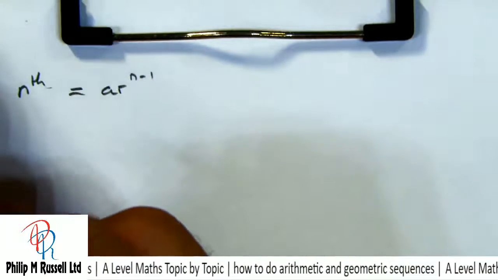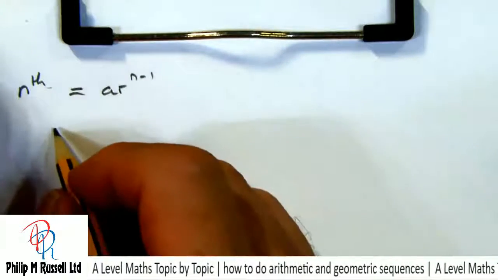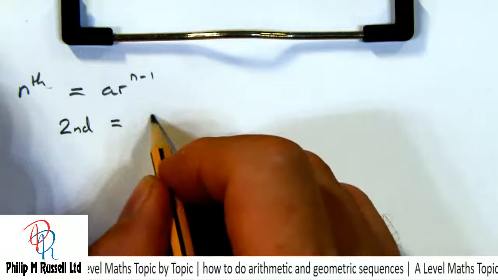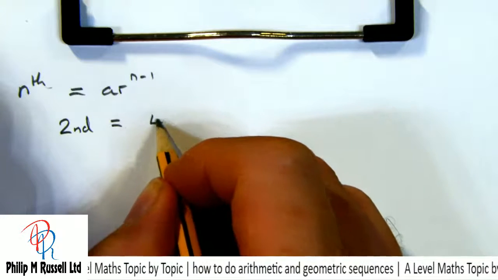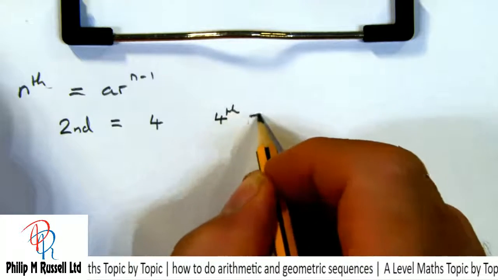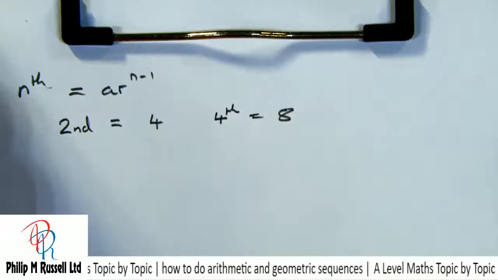Let's say our second term is going to equal 4, and our fourth term is going to equal 8.